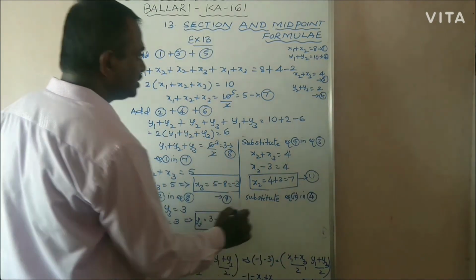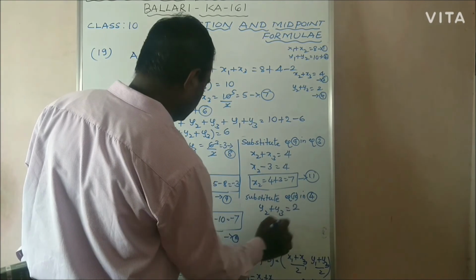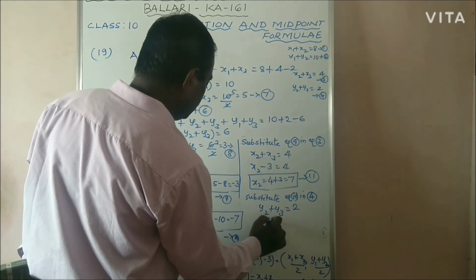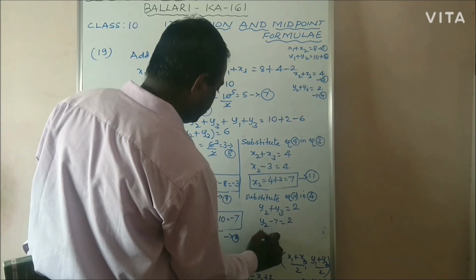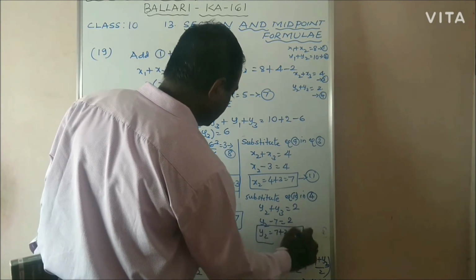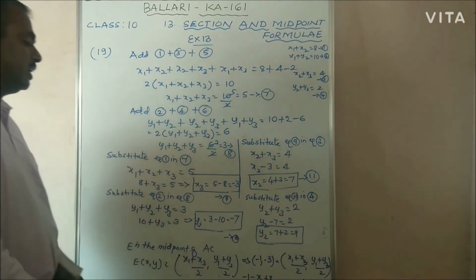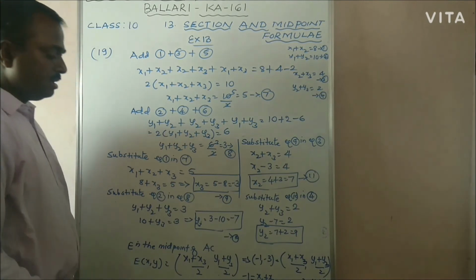What happens? y2 plus y3 is equal to 2. y2 minus 7 is equal to 2. y2 is equal to 7 plus 2 is equal to 9. So we got x3, y3, x2, y2. Correct?